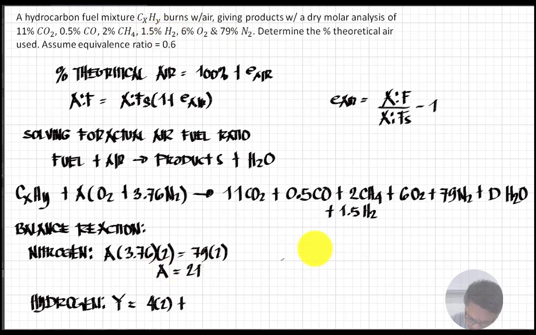Reviewing that one, it has no corresponding value here for nitrogen. So we have here 1.5, I'm going to multiply this by 2, then add 2 times your D. Since we don't have the value of D to solve the value of Y, again, let's move on. So let's go to the oxygen.